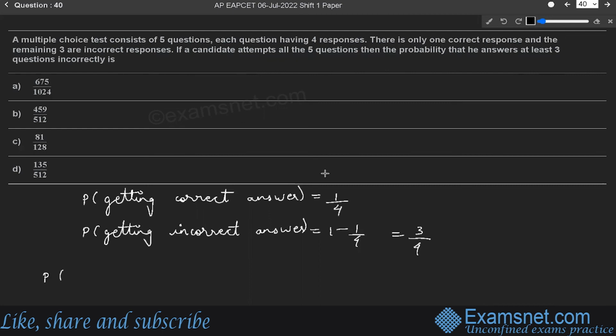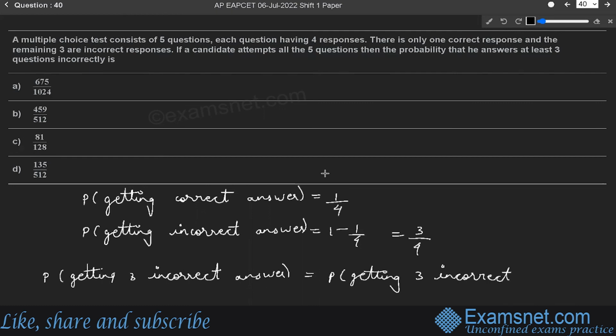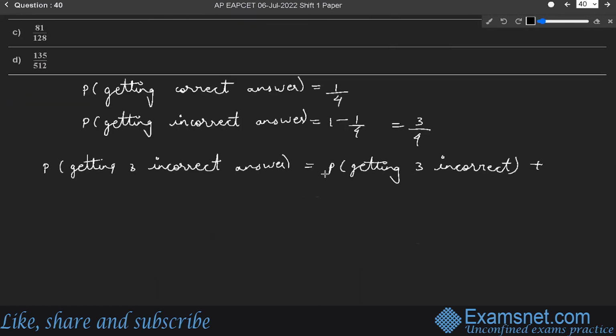Now, the probability of getting at least 3 incorrect answers will be equal to the probability of getting 3 incorrect plus the probability of getting 4 incorrect plus the probability of getting 5 incorrect.